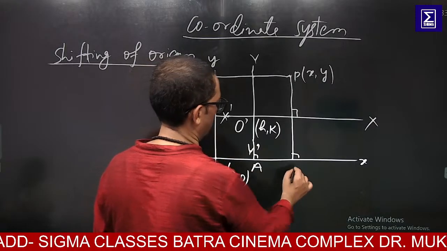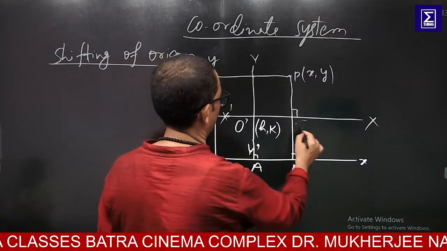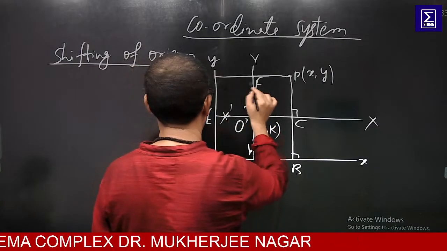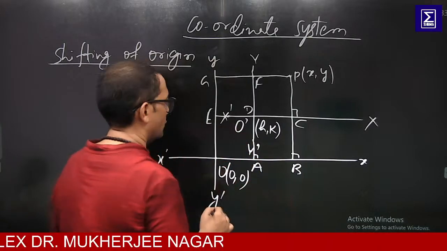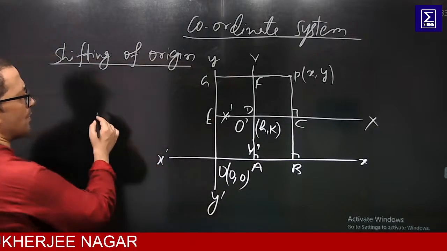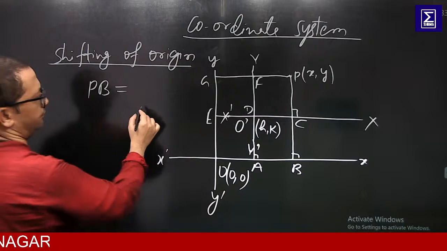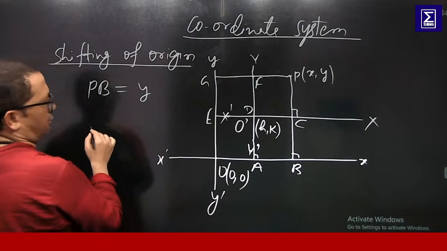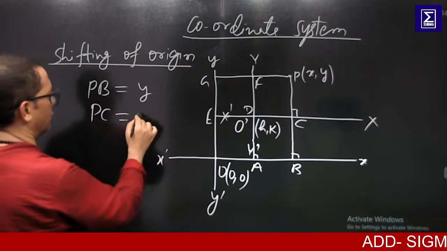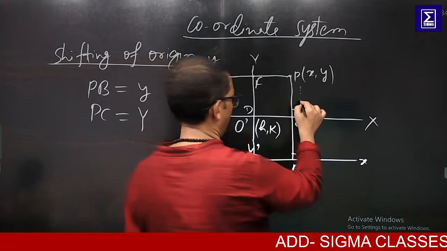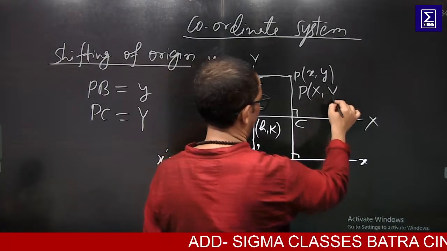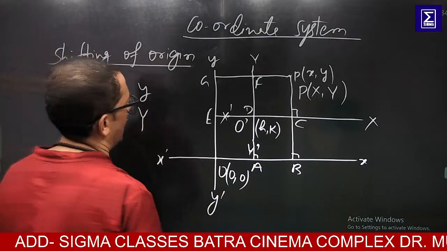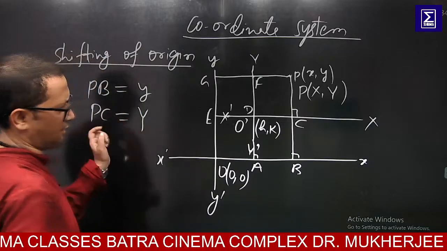So let this be A, this is B, this is C, this point is D, and this point is E, this point is F, and this point is G. So here PB is equal to, as per the old it would be y, and PC is equal to capital Y. So the same point P, as per the new axis, let the coordinate of P be capital X, capital Y. So PB is equal to a small y and PC is equal to capital Y.